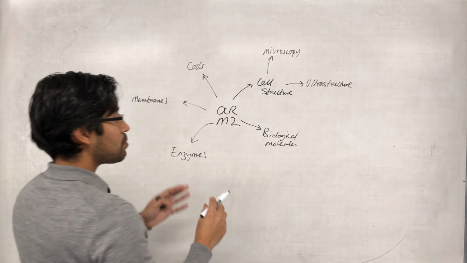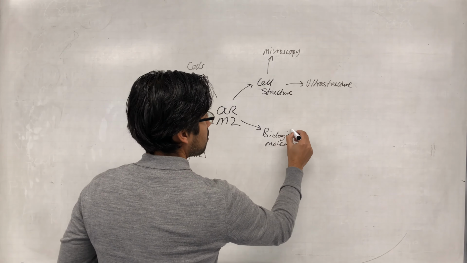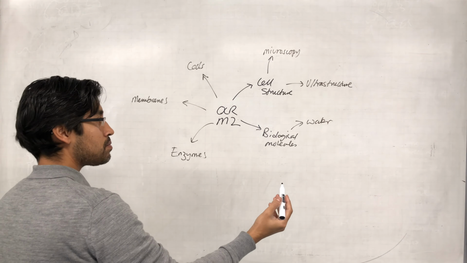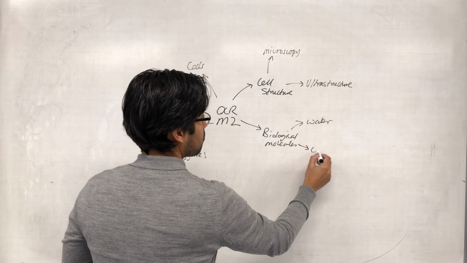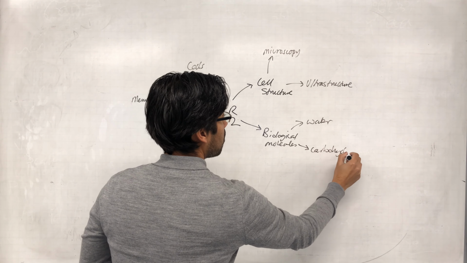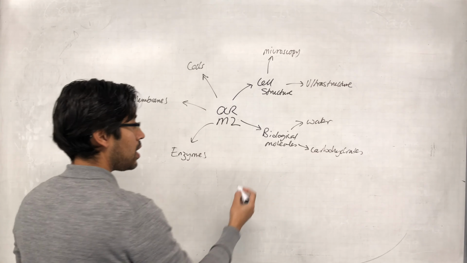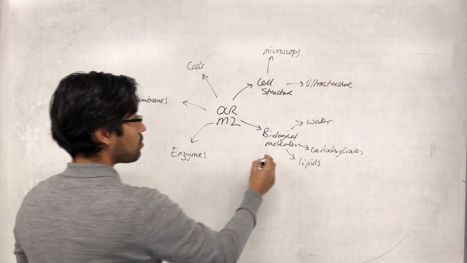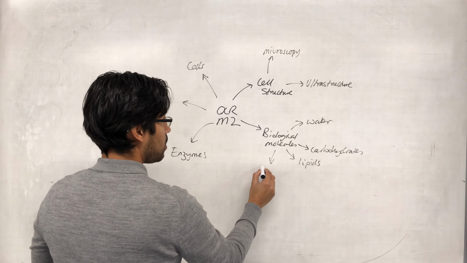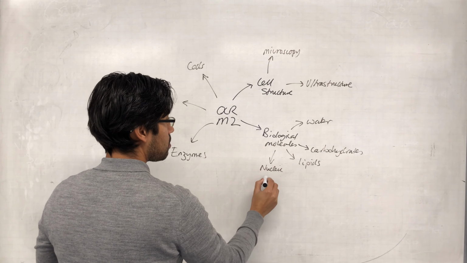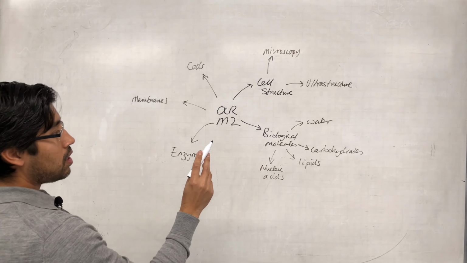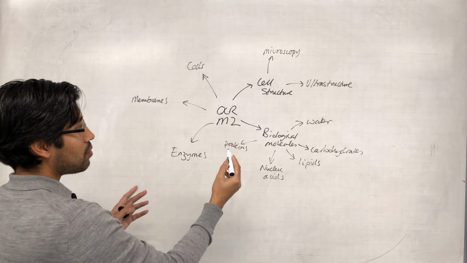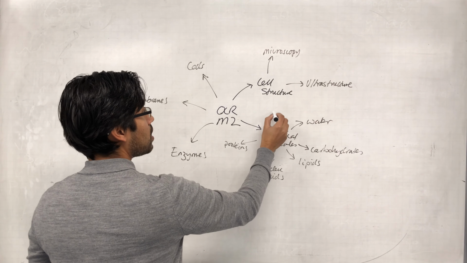So next, in terms of biological molecules, the main things that we had were, we begin with water, we have carbohydrates, we have lipids, we have nucleic acids, DNA and RNA, we have proteins, and somewhere in there we've also got to find room for the ions.